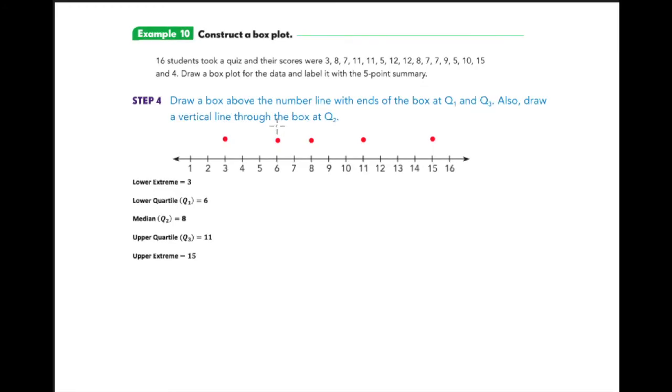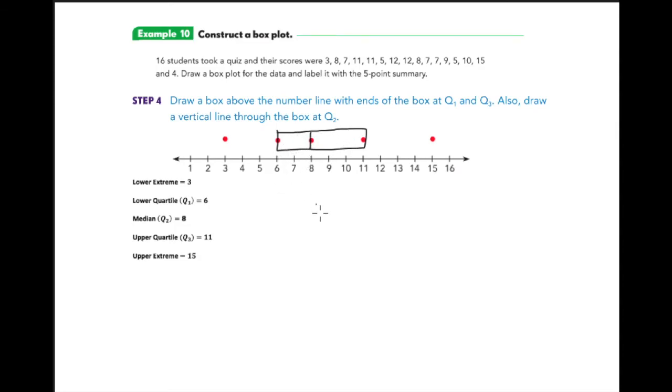Once we have our 5-point summary plotted on the number line, we then draw a box around the quartile section. So our lower quartile was 6, so I'm going to draw a line going through the 6. I'm going to extend all the way to the 11. So that is our box that is created, and then a line goes through the median of 8 there.